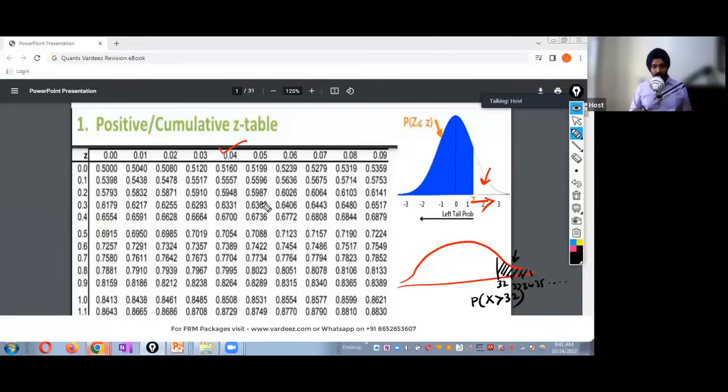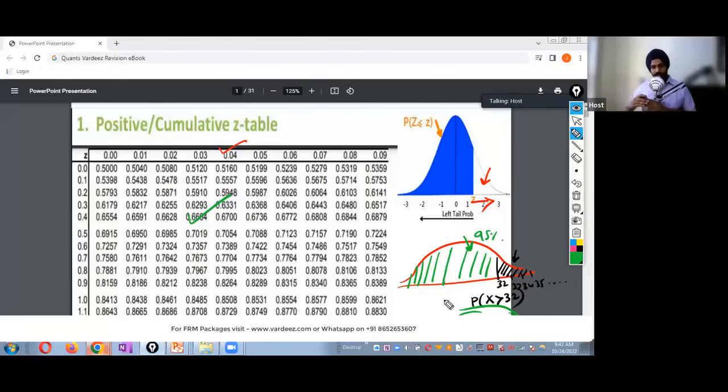But here we have a table which gives me all the probabilities to the left, which is less than 32. But do I want to find less than 32? No. I want to find greater. This region I want to find. From this table, I can find that the probability of less than 32 is 95%.